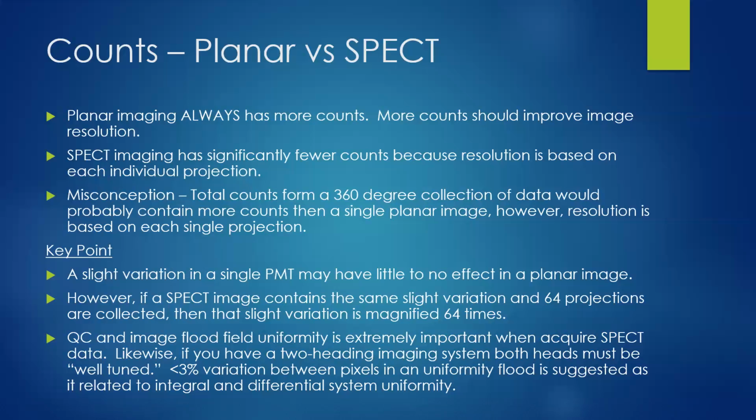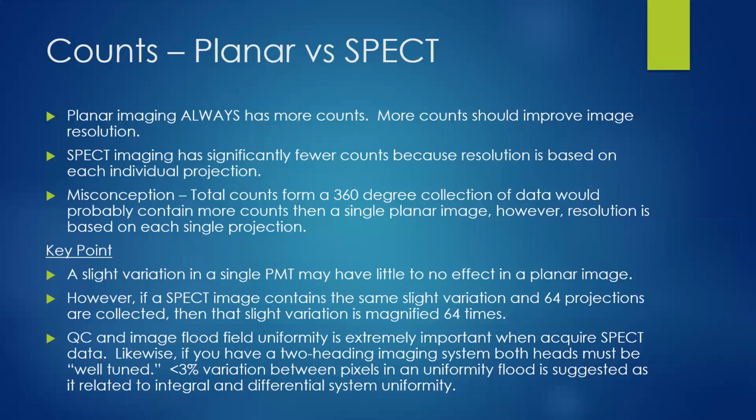On another spin, and also something that is, in my opinion, critically important, let's make an assumption that one of your PMTs, one of your photomultiplier tubes, is maybe 7 or 8% off compared to all the other PMTs in your field of view, or FOV. Well, that slight variation, if you're going for 64 slices, is going to be multiplied 64 different times.